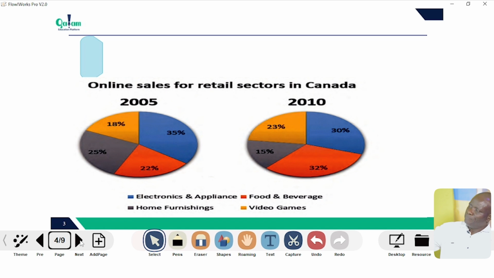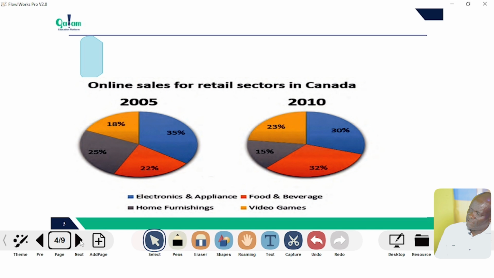So you can see in 2005, in Canada, 18% video games were sold, but in 2010, 23% of all that was sold was video games.